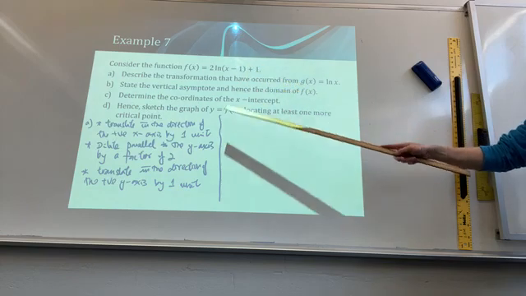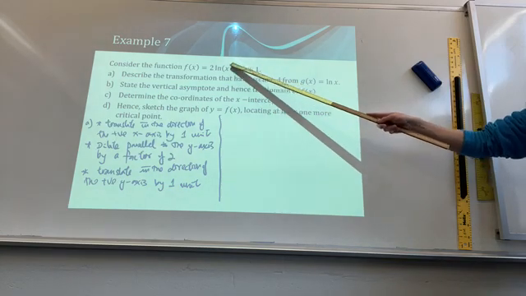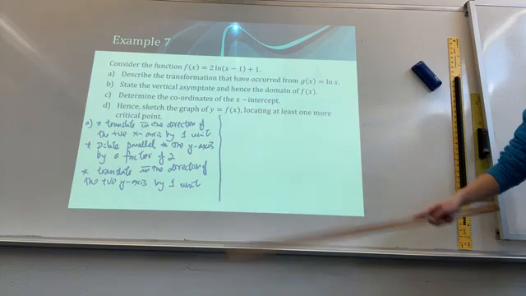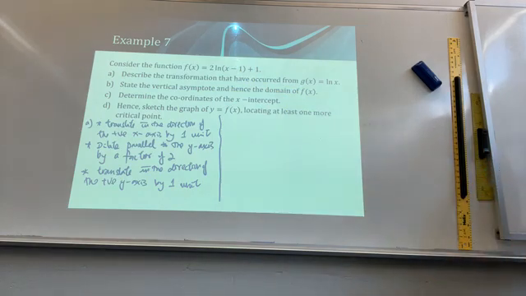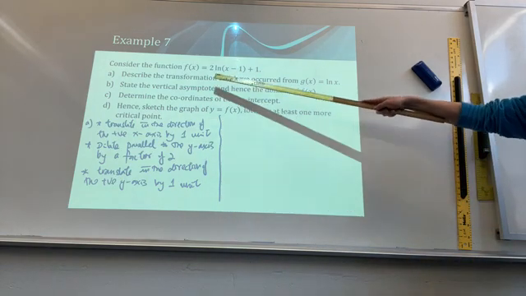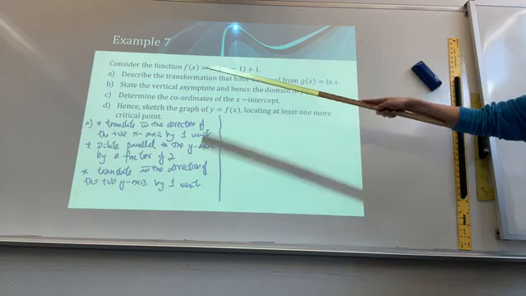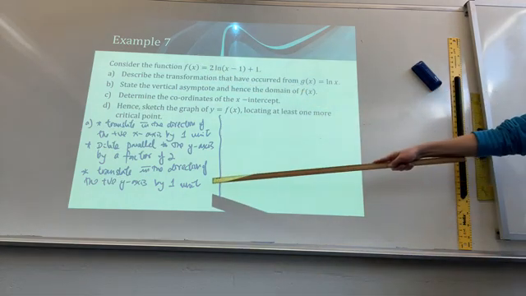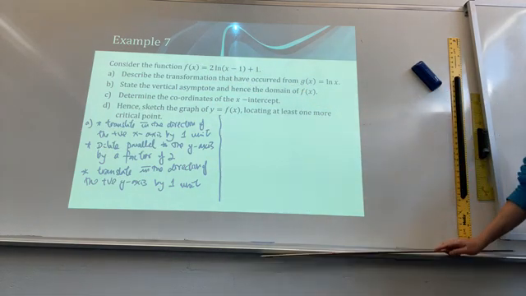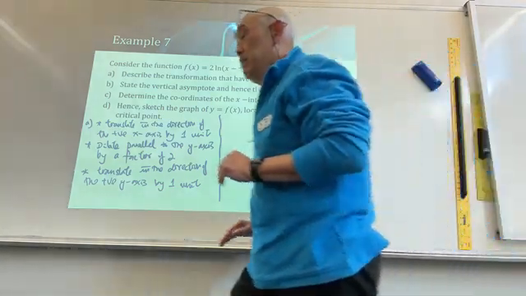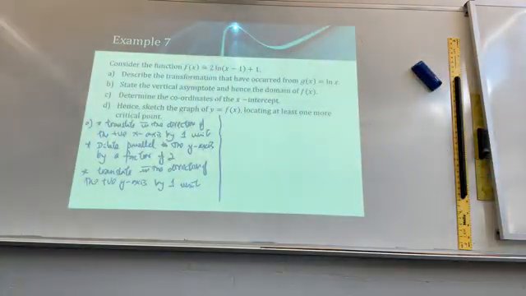Now remember, when you describe, always state the number of units translated. And again, dilate by a factor of 2. Give the factor as well. And then translate, again give the number of units translated by. Alright, make sure that you always say that.